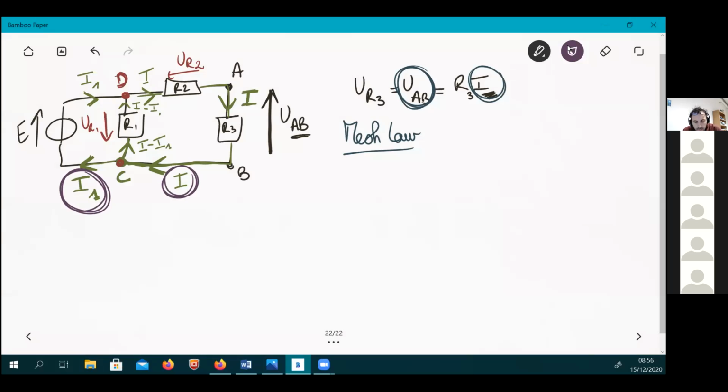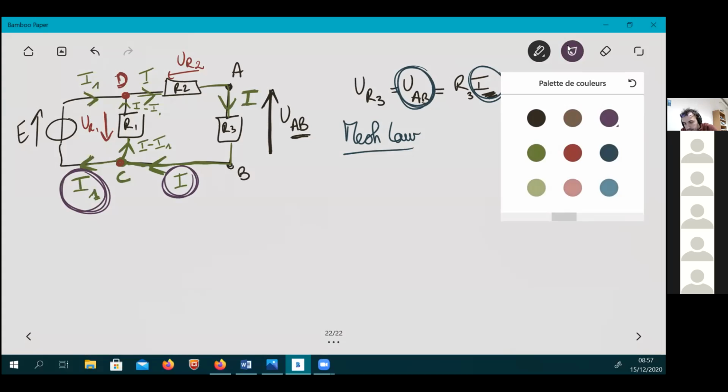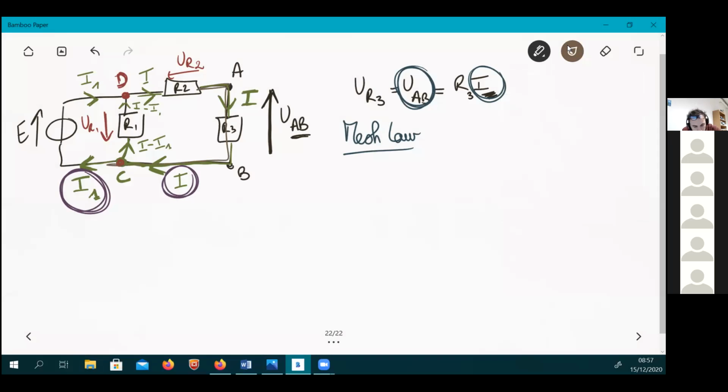Here you have the so-called double mesh circuits, but in fact, you have three meshes you can play with, which is going to end up with three equations. Three meshes because you have this mesh here, another small mesh here, and a large global mesh. So apply the mesh law in two of these three meshes, then you're gonna end up with a system of two equations with two unknowns that you have to solve to get your final result. Let's go.